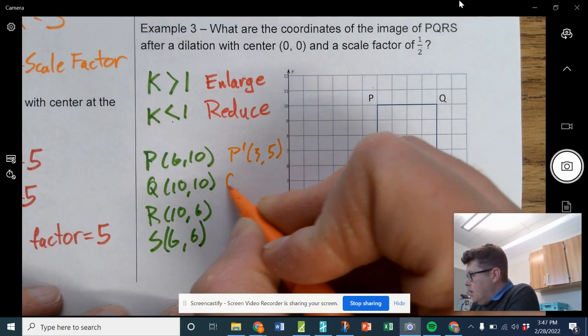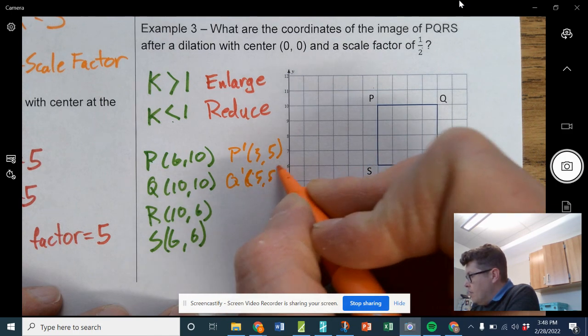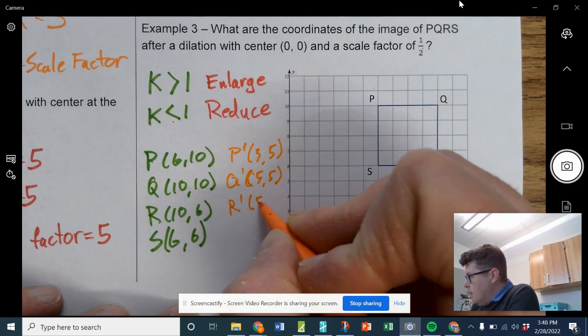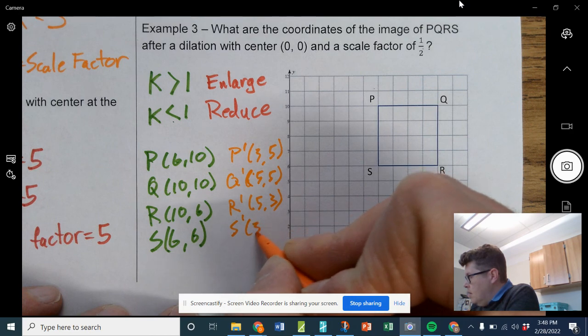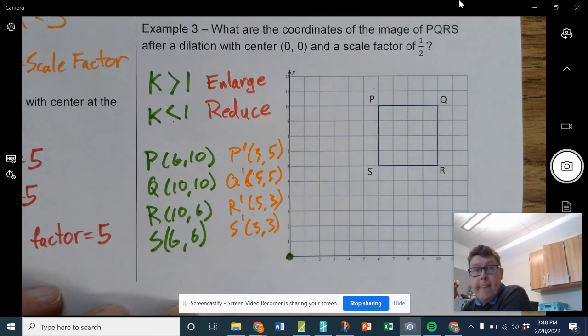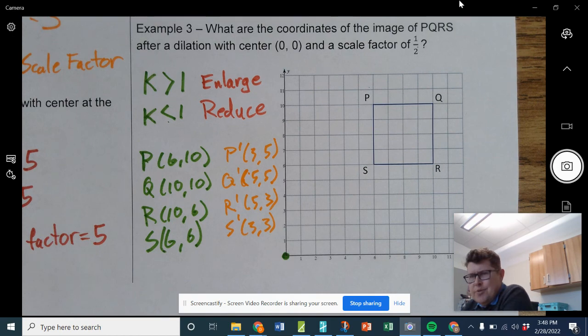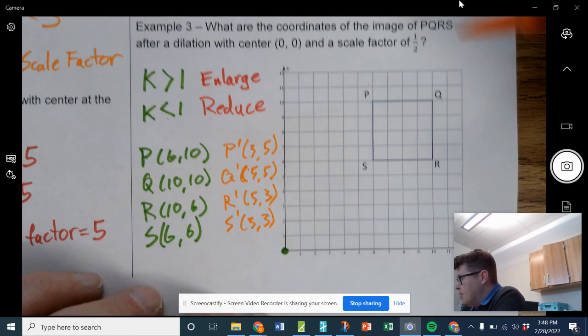Q prime becomes 5, 5. 5, 3 for R prime. And S prime becomes 3, 3. It's super simple, guys. You're just multiplying all of your numbers by a number.